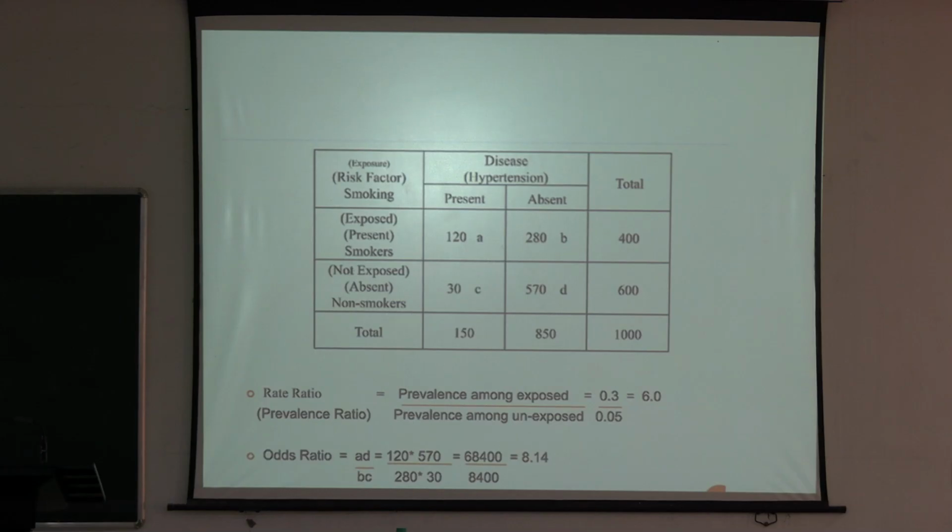Now just remember AD by BC; we'll talk about this in detail in the next class. A is 120, D is 570. So 120 times 570 divided by 280 times 30 gives you 8.14. Which means the chance of smokers having hypertension is very high. Okay.